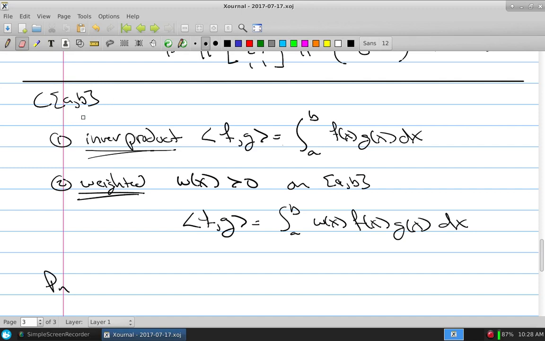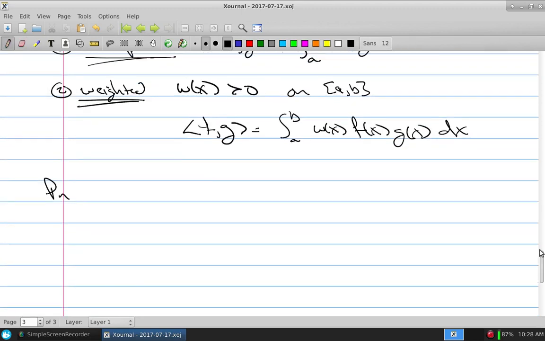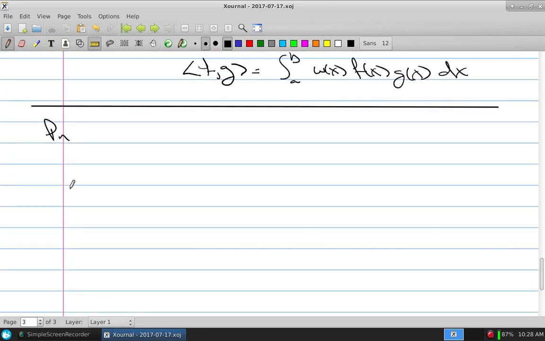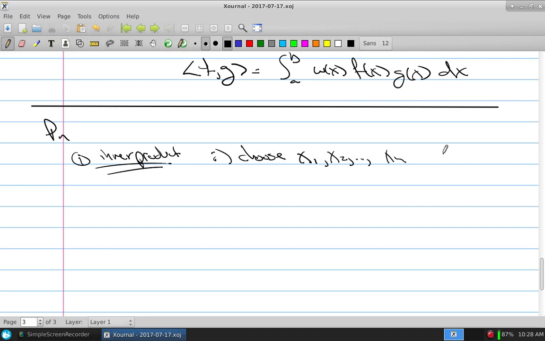But instead, for polynomial space, we just randomly pick n spots. So for polynomial space, if we do the normal inner product of it, the first thing is we're going to choose x1, x2, up to xn values.